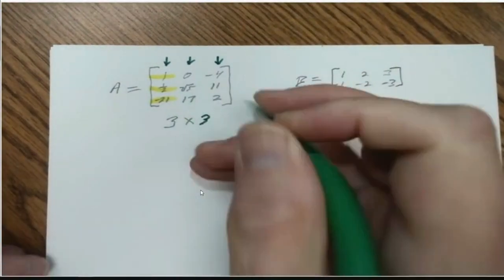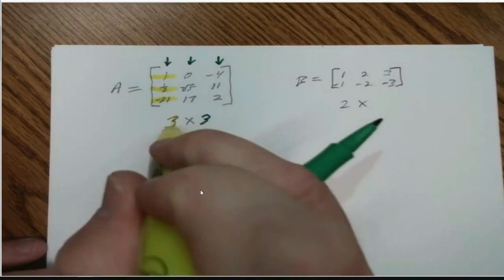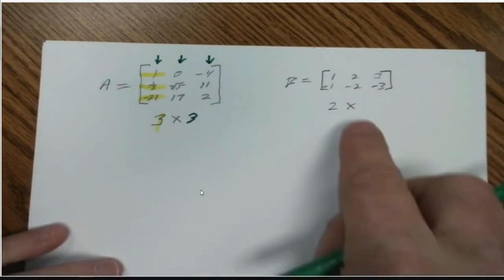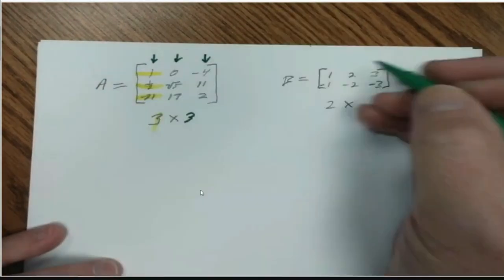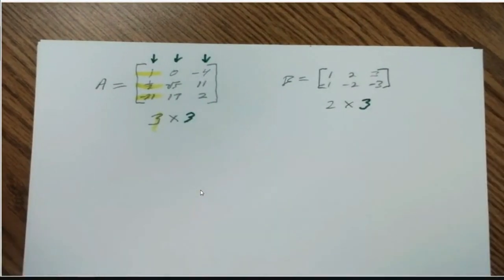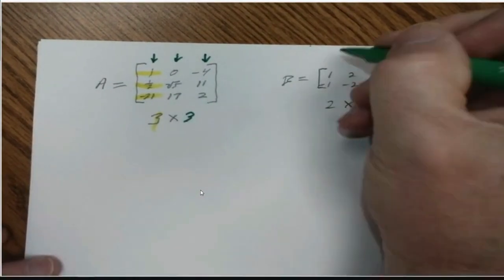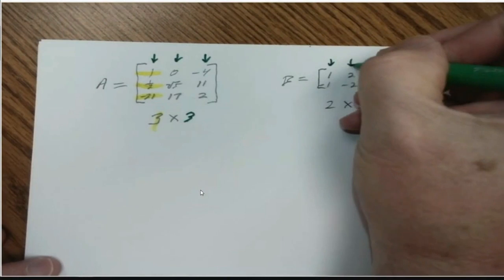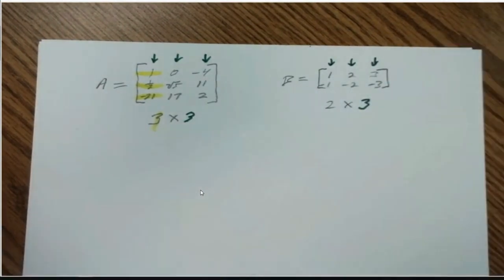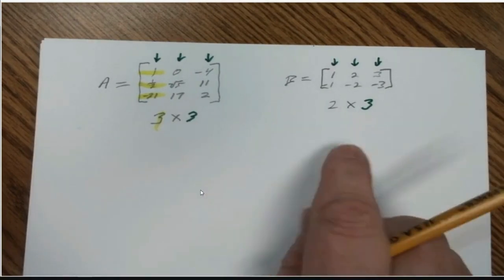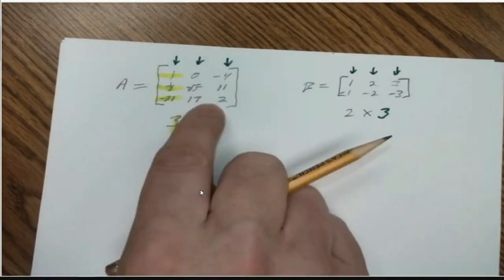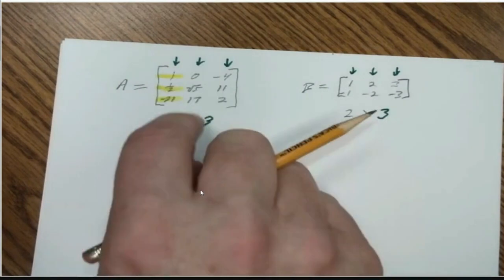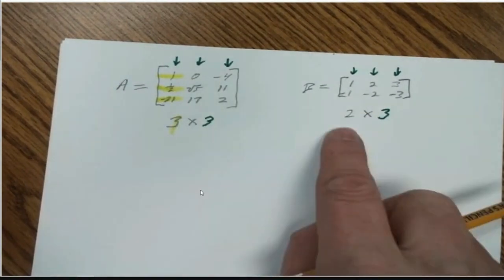This is a 3 by 3, right? It has 3 rows, 3 columns. This one has 3 columns as well. This is a 2 by 3. So when we're classifying a matrix, we do it by the number of rows by the number of columns. 3 by 3, 2 by 3.